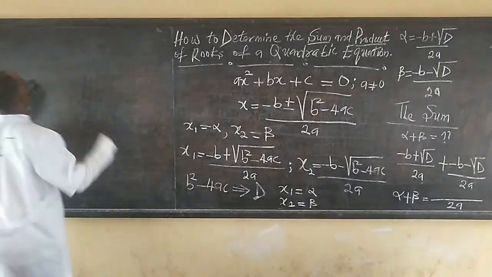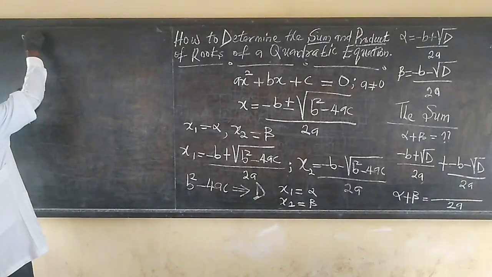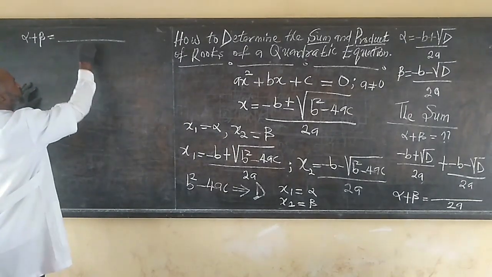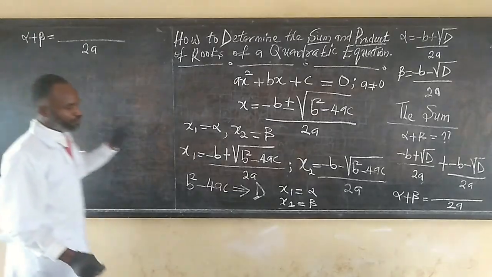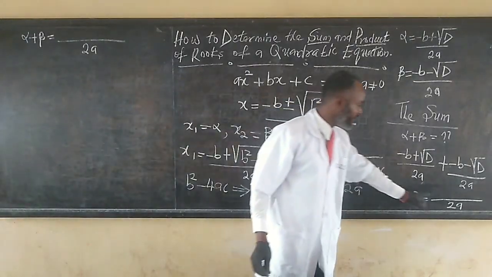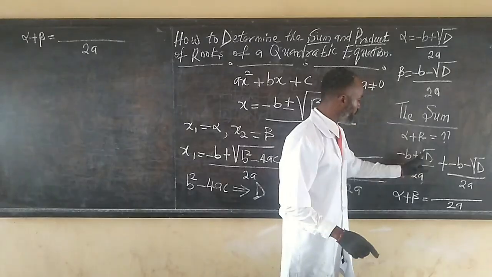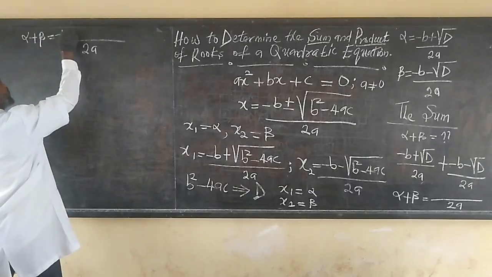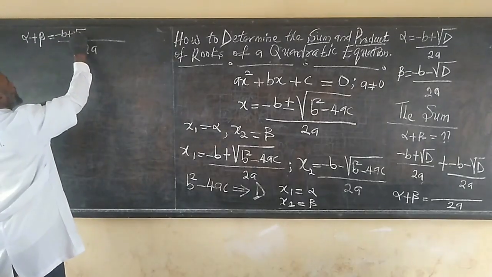So we now have alpha plus beta, with an LCM which is given as 2a, right? It means that 2a divided by 2a is 1, multiplied by minus b plus root d.